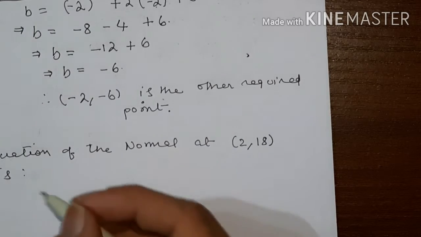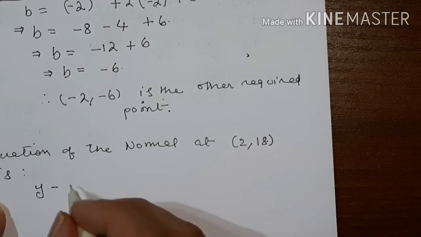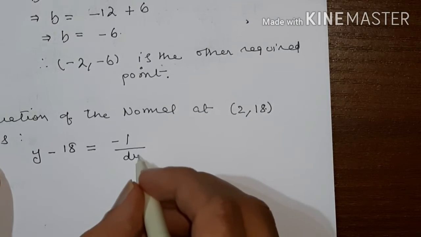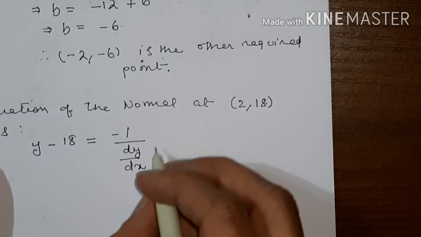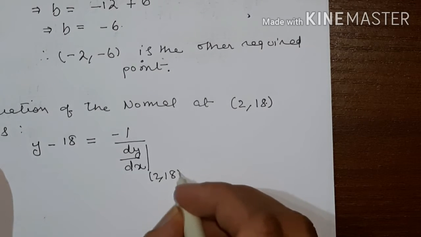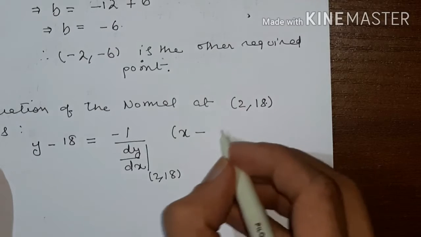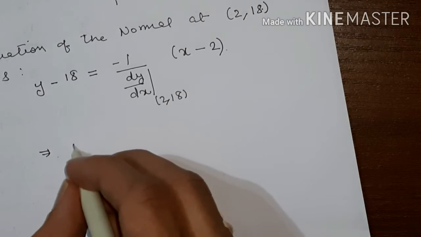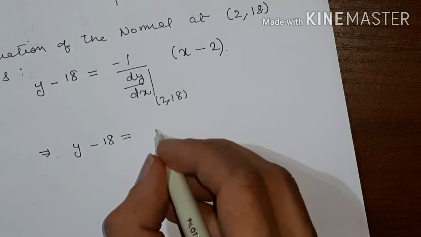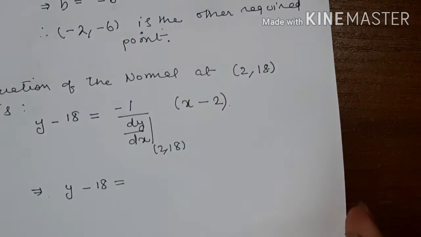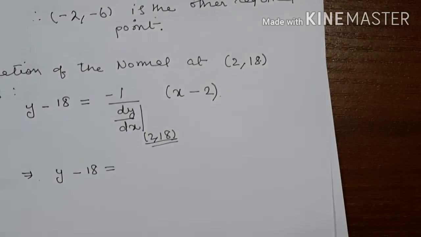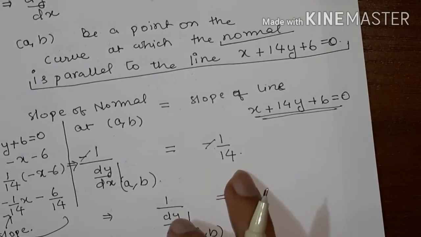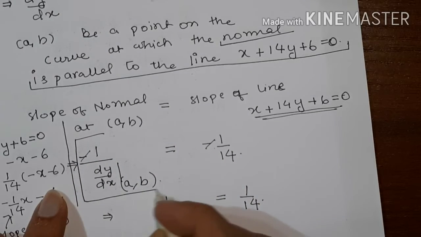It is y − y₀, that is 18 here, equal to −1 by dy/dx at the point (2, 18) multiplied by (x − 2). So y − 18 equals minus 1 divided by dy/dx at the point (2, 18), that is the slope of the tangent, which was what? 14.